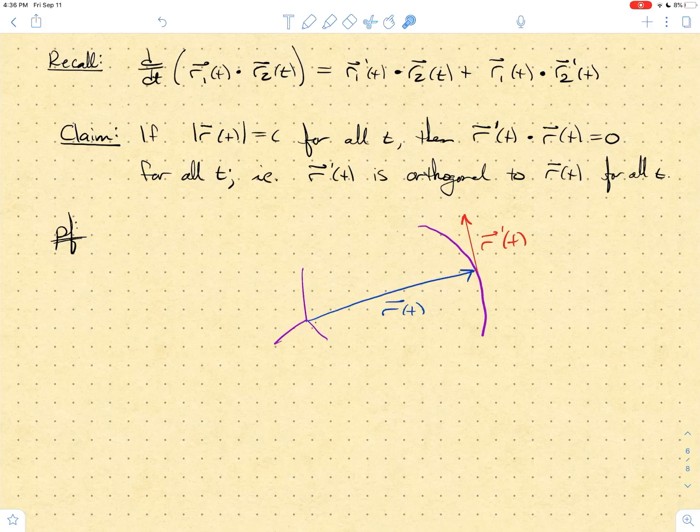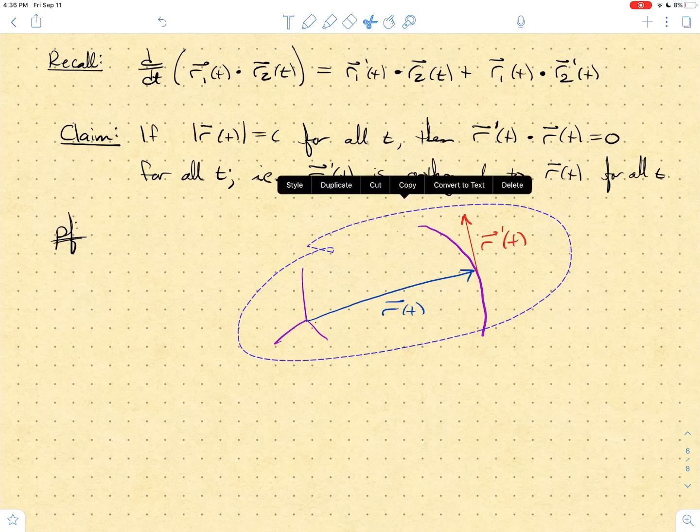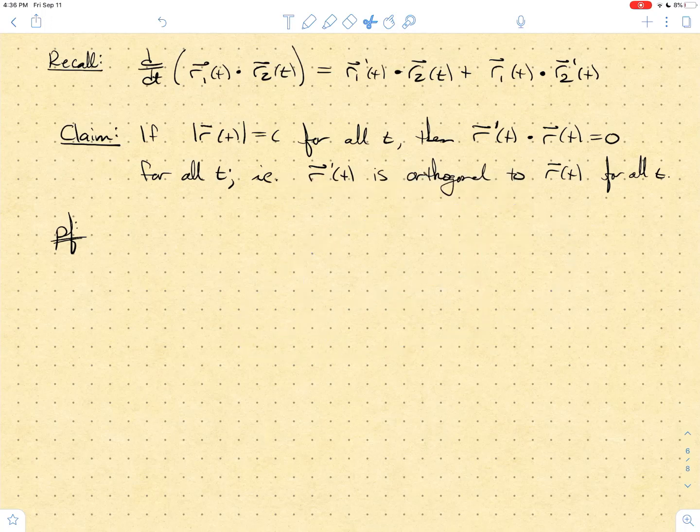So that's what's happening. Now let's go ahead and delete this picture and see if we can see why this is true. So here we go. Let's begin by having a look at r of t dot r of t. This is exactly the length of r of t squared, but we're assuming the length of r of t is constant, and so this is a constant squared.